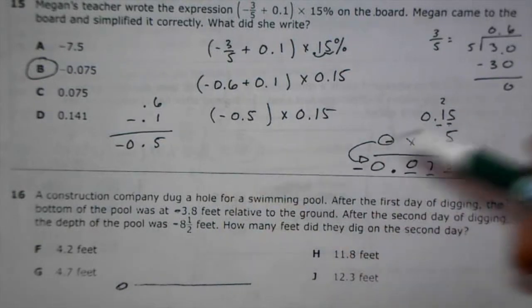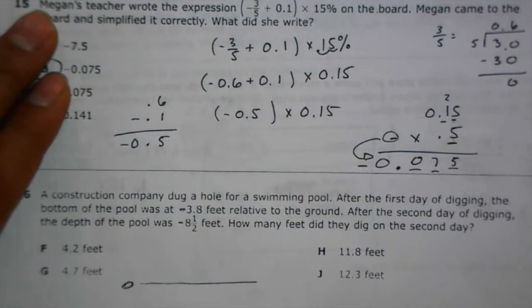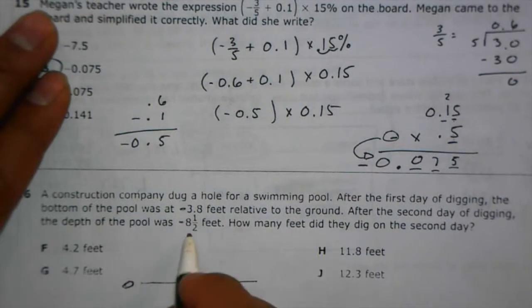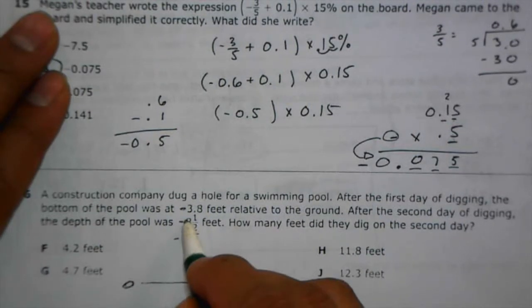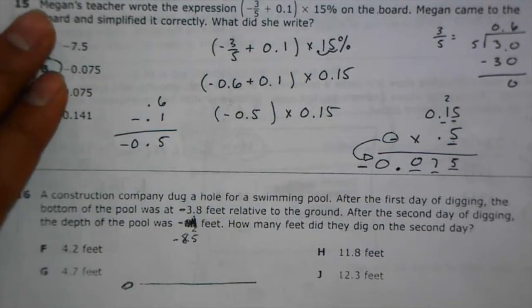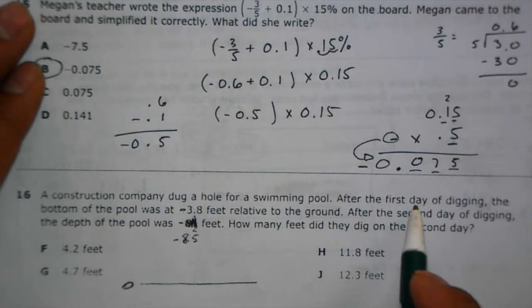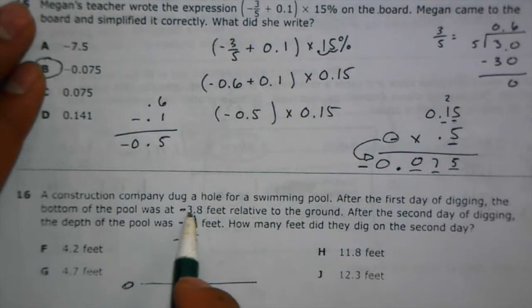In this case, the one I have to change is 8 and 1/2 feet. That's going to be really easy. 8 and 1/2 is 8.5. Okay? So it's minus 8.5. In this case, you can just scratch it out. Okay? So after the first day of digging, the bottom of the pool was at negative 3.8 feet.